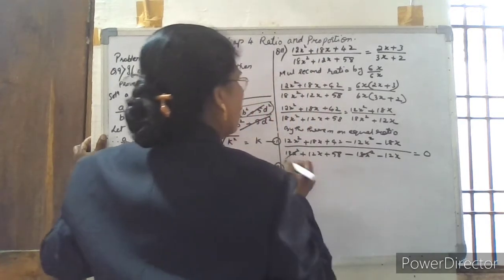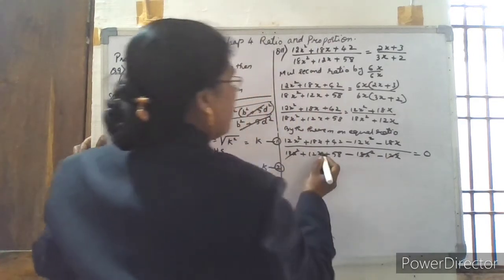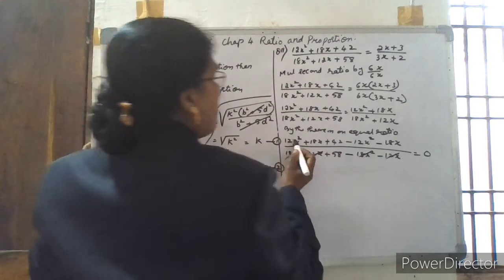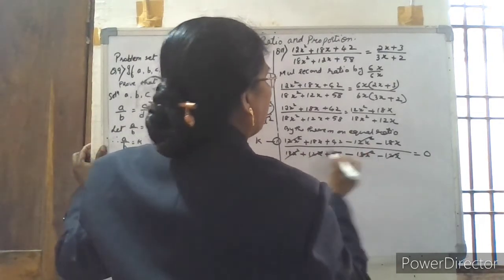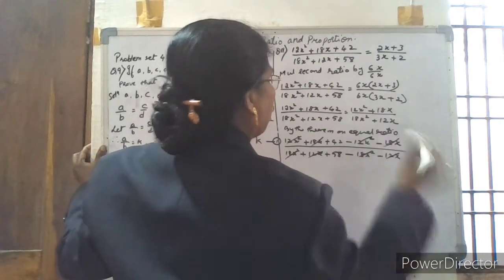So this 18x² and this 18x² will cancel, 12x will cancel, plus 12x² minus 12x² and 18x minus 18x cancel.